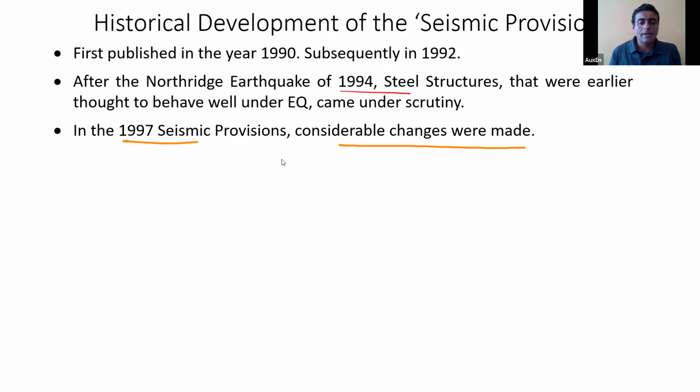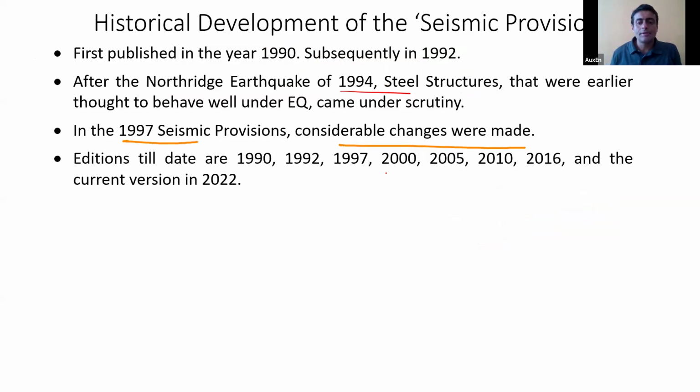Structural steel systems were added which could resist the earthquakes in a better manner. And the subsequent revisions now include the advancements made in research and understanding of steel structural resistance to seismic loads. So the editions till now are 90, 92, and 97, when it underwent a major revision, and then all these revisions.